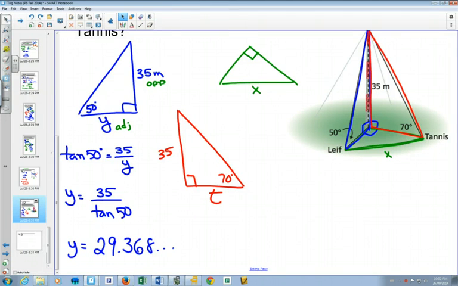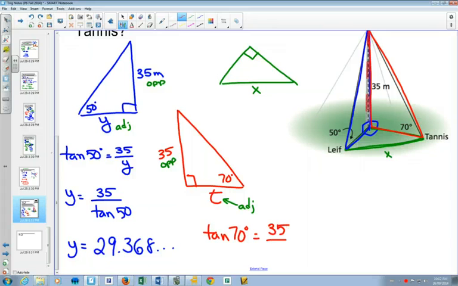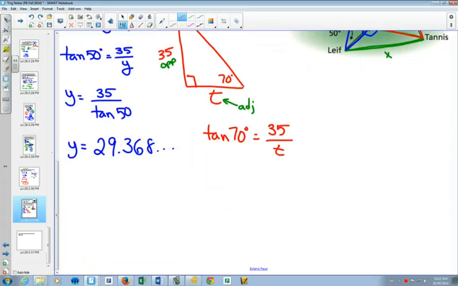On my red triangle, same thing. I want to solve for t. T is the adjacent side to the 70. The 35 is the opposite again. So once again, we're going to use tan. Tan of 70 is the opposite over the adjacent. Multiply by t, divide by tan.